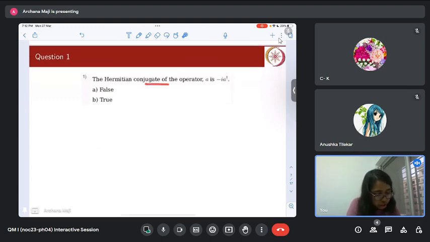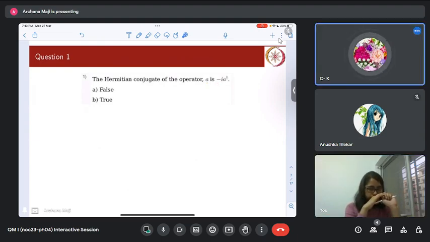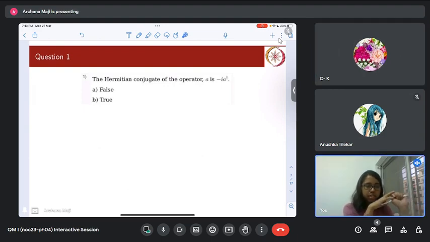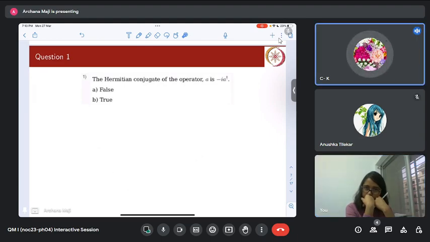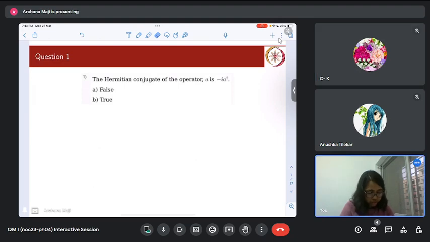The Hermitian conjugate of operator A is, okay, now you tell me, is this true or false? False. What is the Hermitian conjugate of A? It should be a dagger, right? So it's false.